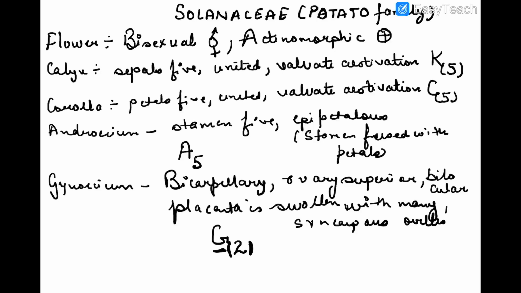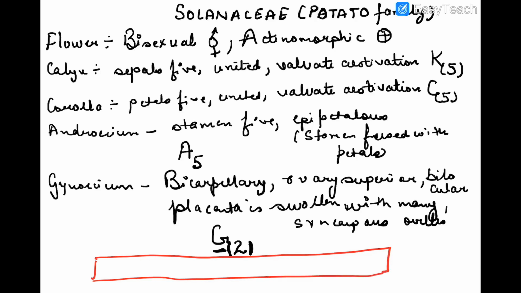So let us now make the floral formula of this family. So floral formula I am writing here. So plus, actinomorphic, bisexual, K for calyx, 5 fused, C for corolla, 5 fused, A for androecium, 5, and we'll put a curved U-shaped line there because it is epipetalous, means stamen is fused with petals.